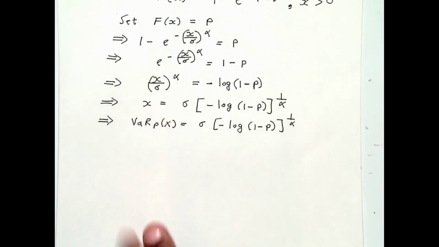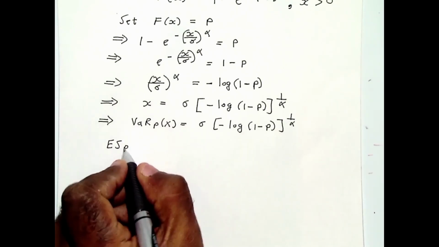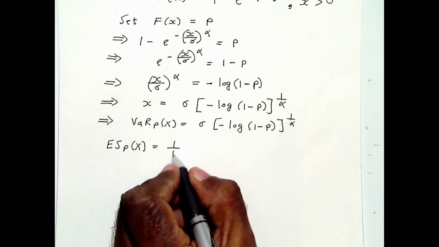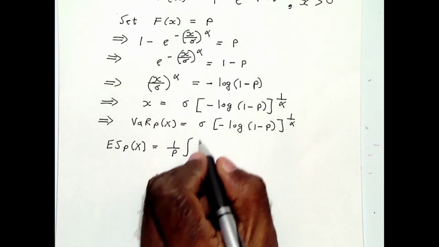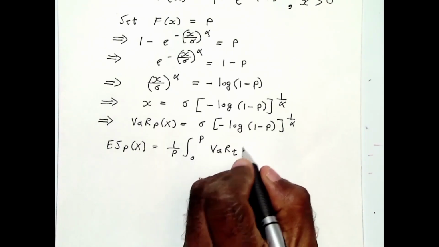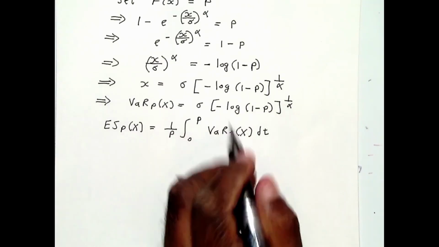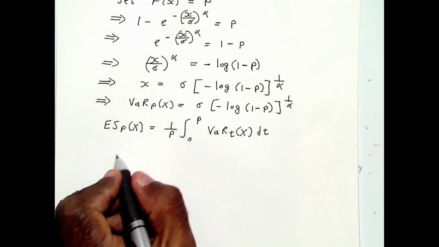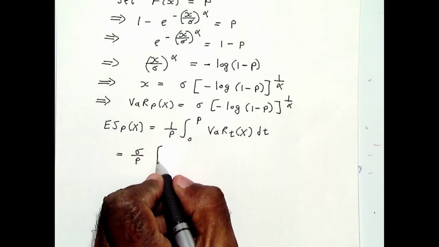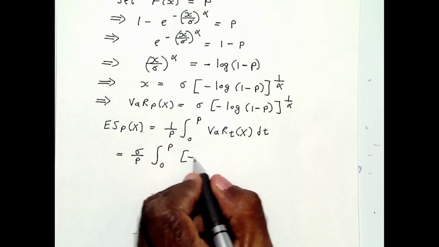Alright, now in order to find expected shortfall, we use this formula. Alright, subbing this into this, you get sigma by P of this.